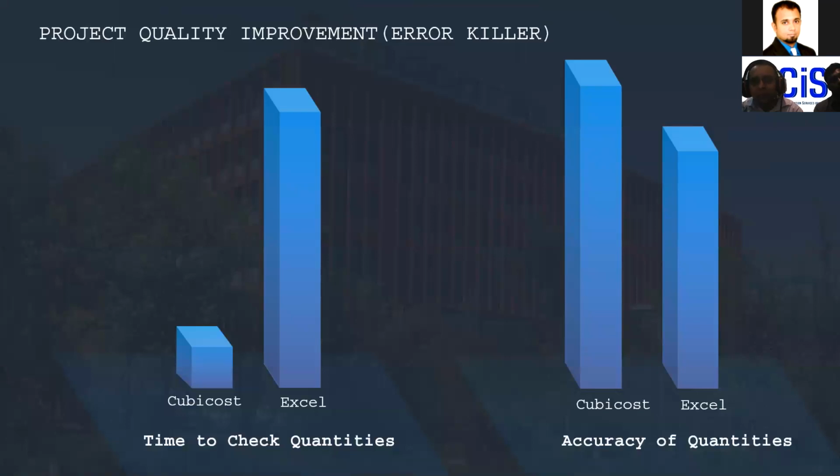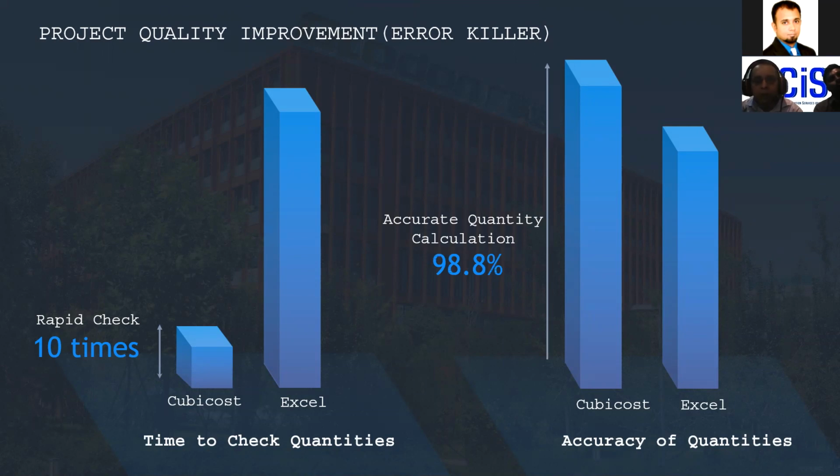Checking takes a huge amount of time at the managerial level, for quantity surveyors. In CubiCost, the time to check quantities is very fast. Checks can be done 10 times faster, and accuracy is 98.8% when we put in the model.